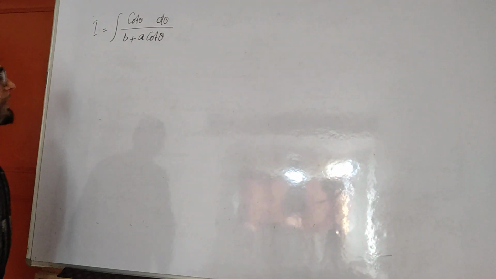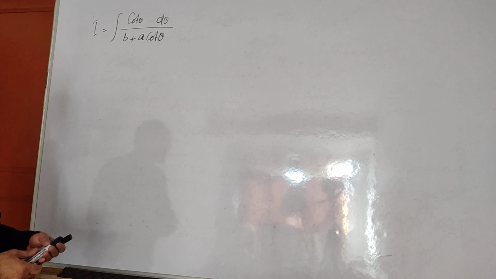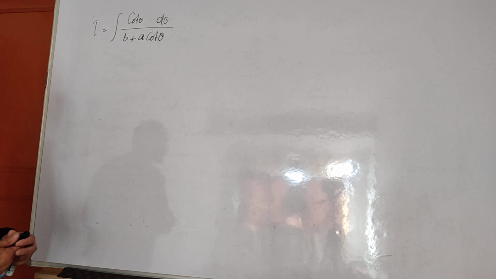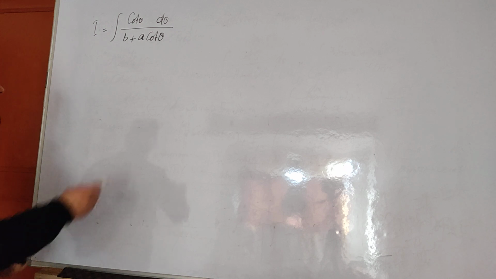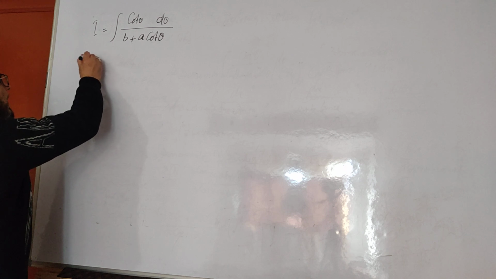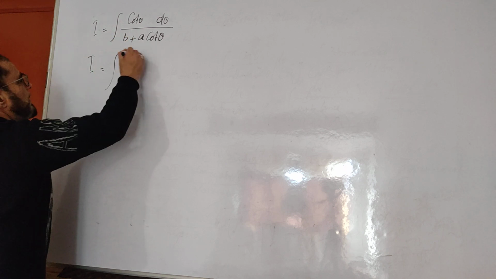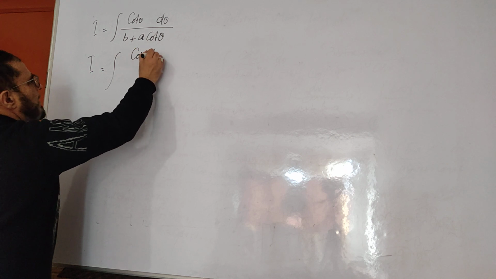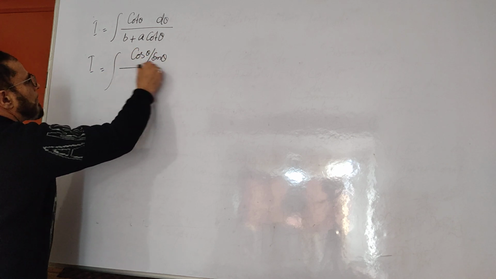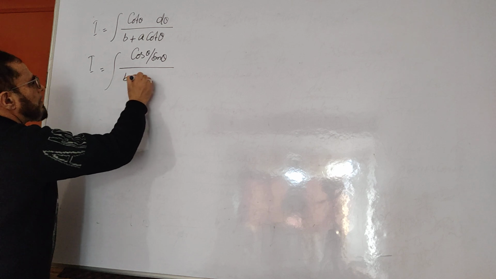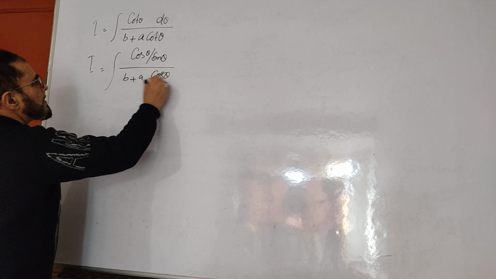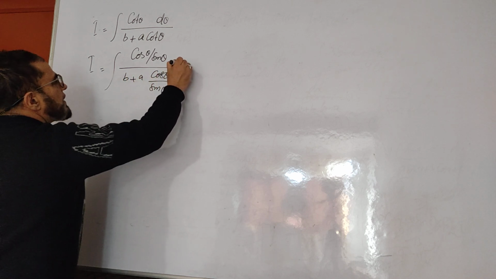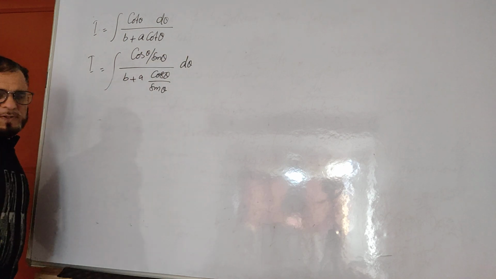Welcome. Let us have the solution of this integral. It is the same, but we have to transform the numerator involving sine or cos, and the denominator also. How do you proceed? You write this integral I as the integral of cos theta by sine theta upon b plus a cos theta by sine theta d theta. Because it is cot, you write it as cos by sine.